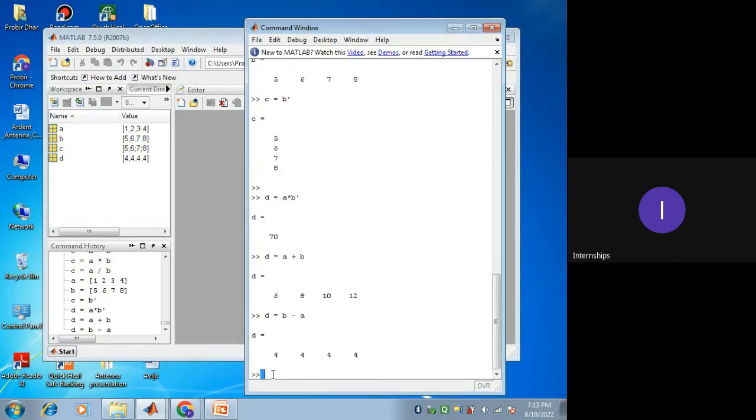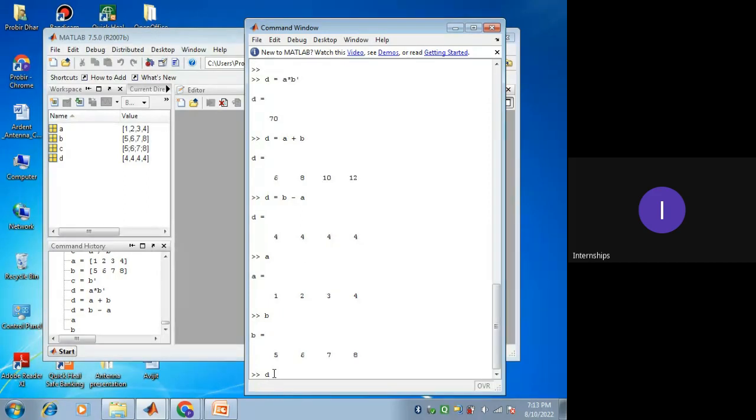Okay. So A is equal to here, B is equal to this one. E is equal to A from B, but there will be one dot.